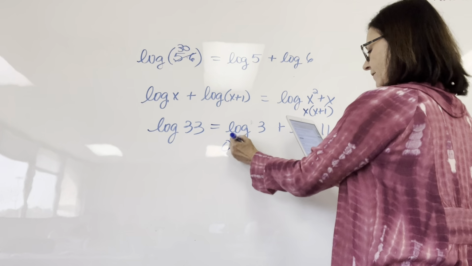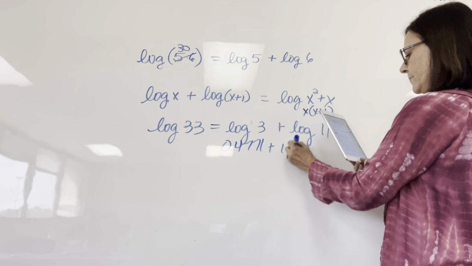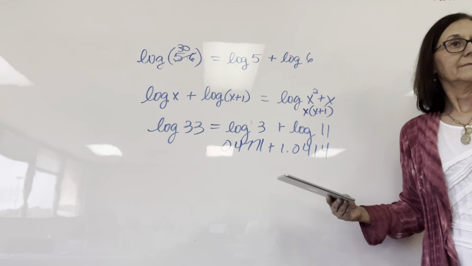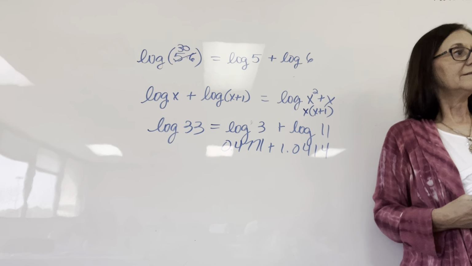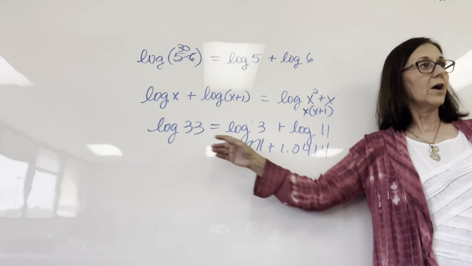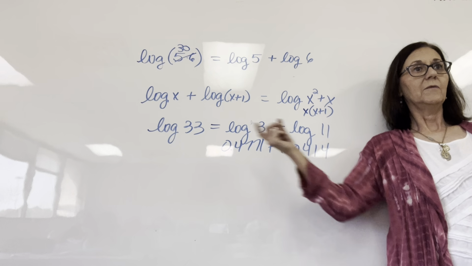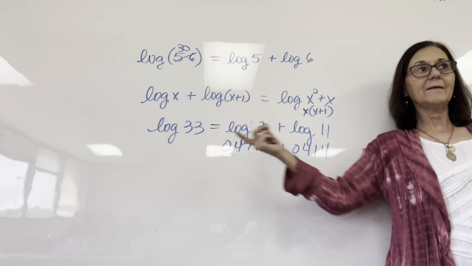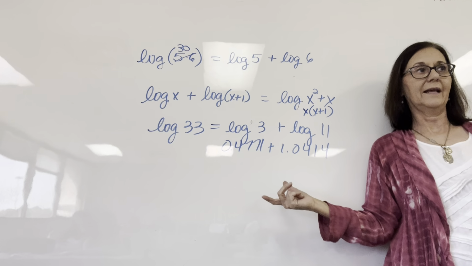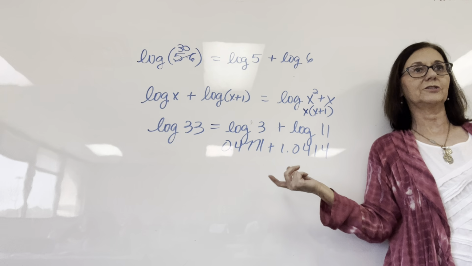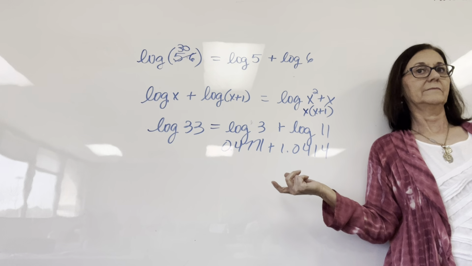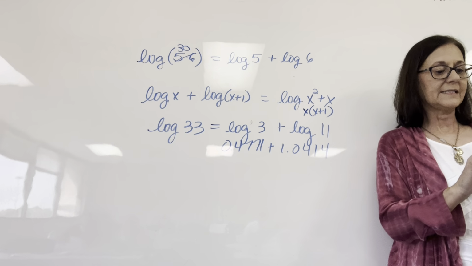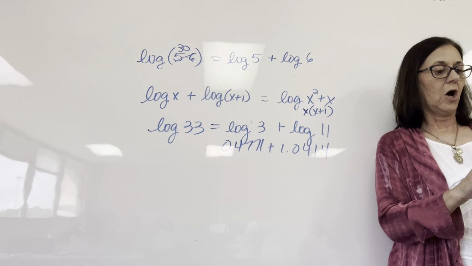So it's 0.4771 plus 1.0414. Do you understand that if I have a single log, I can break them out and multiplication is addition? All right, probably something exactly like this on your test, and people will miss it because they just won't add the 2 numbers I give them. All right, multiplication is addition of the logs.